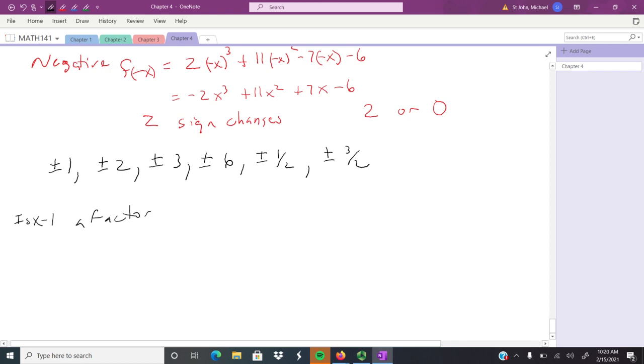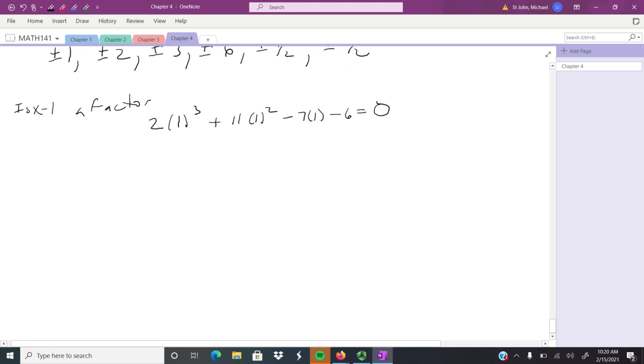So we could do that by plugging in: 2 times 1 cubed plus 11 times 1 squared minus 7 times 1 minus 6, and that indeed will give us 0. So x minus 1 is a factor.